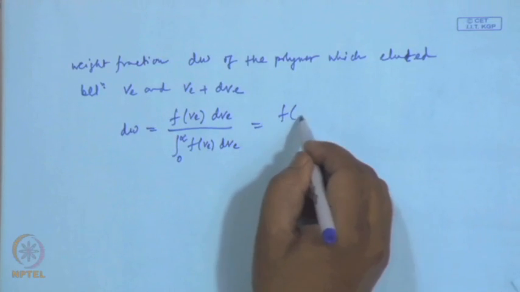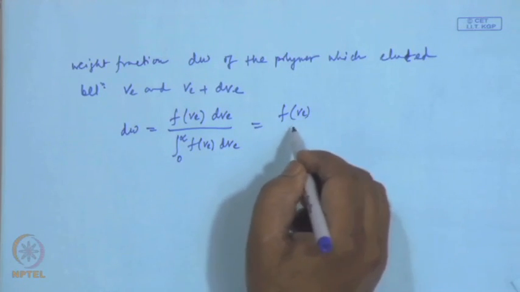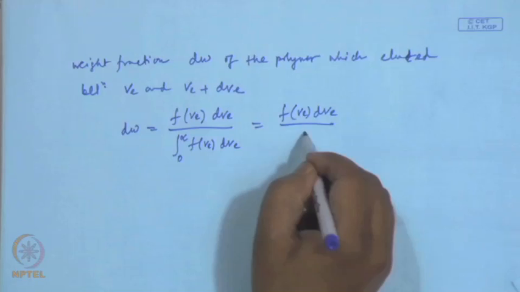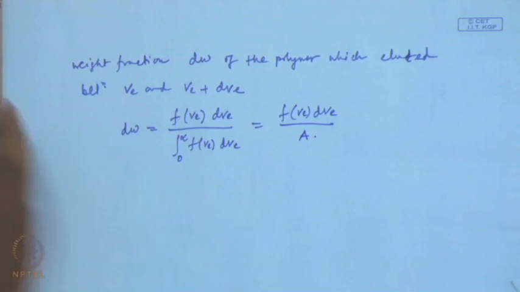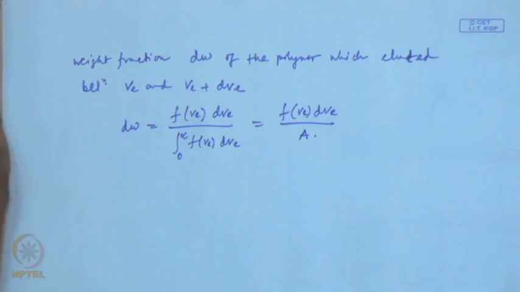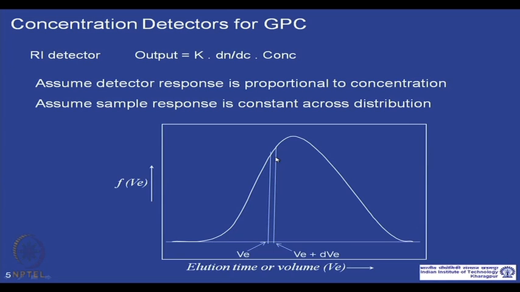Which is nothing but, let me repeat this, this dW is the weight fraction of the polymer chains which eluted between V and V plus dV.